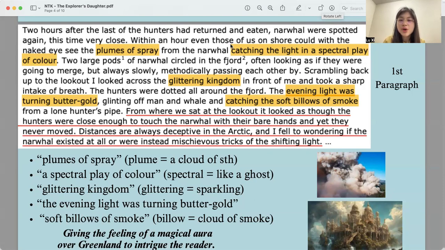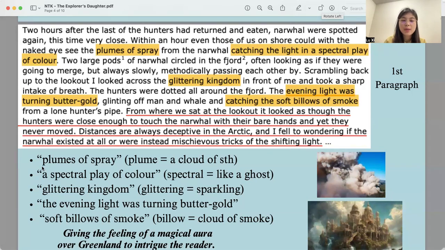So within an hour, even those of us on shore could, with the naked eye, see the plumes of spray from the narwhal, catching the light in a spectral play of color. So here, let's pay attention to the writer's usage of some vocabulary and sentence.